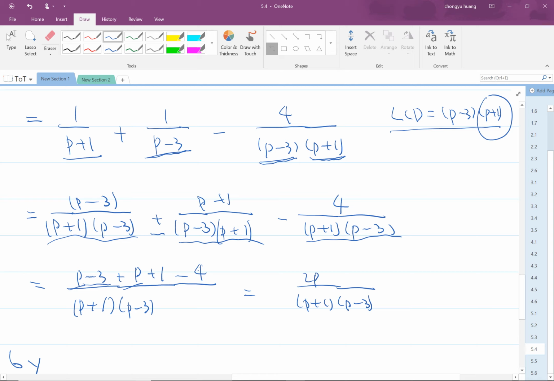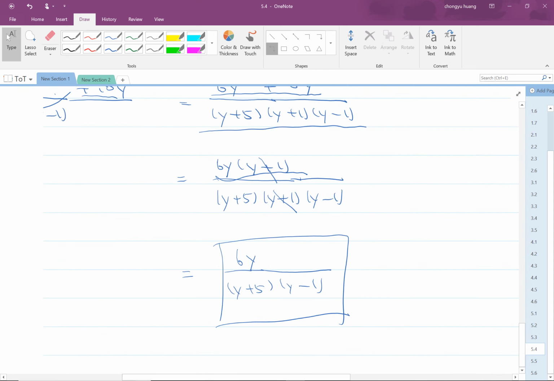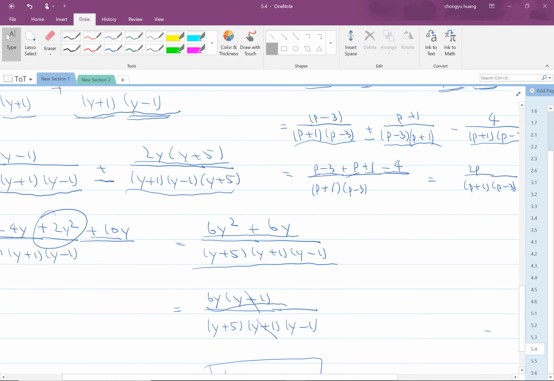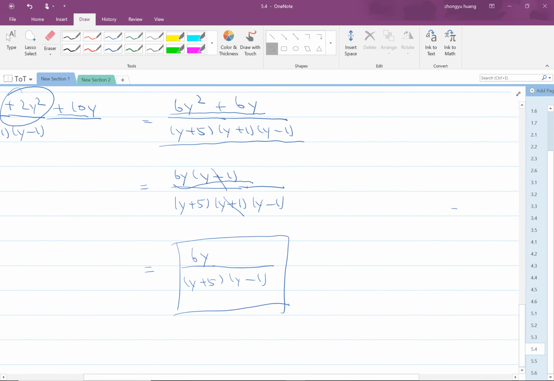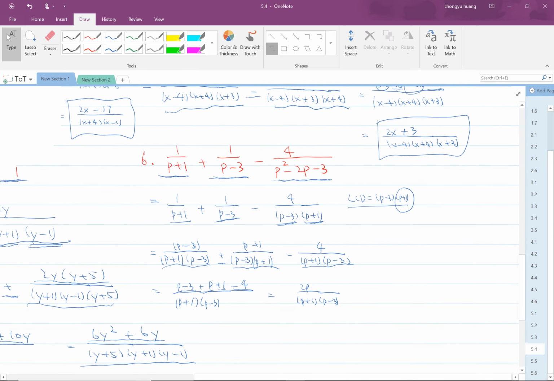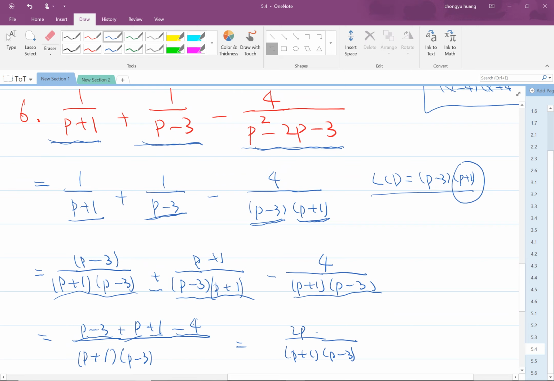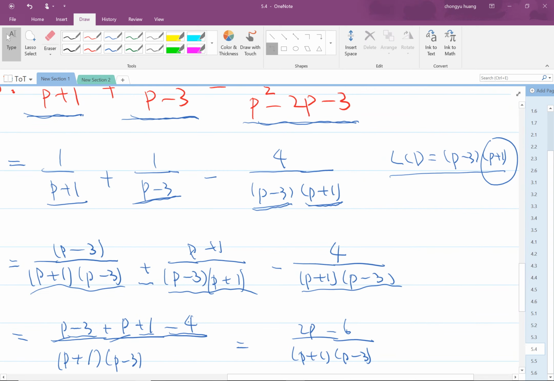Negative 3 and then positive 1 and then negative 4, so it basically becomes negative 6.